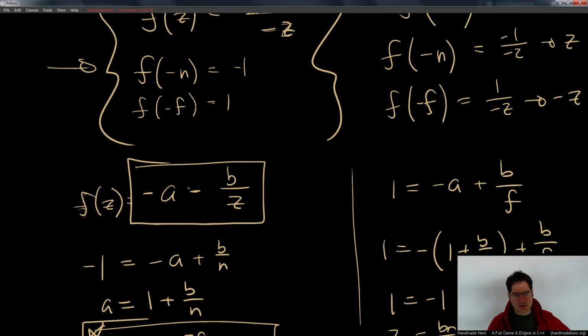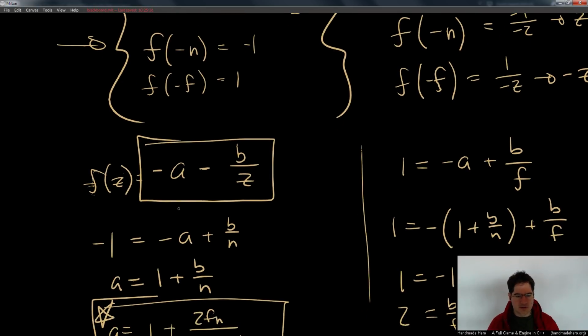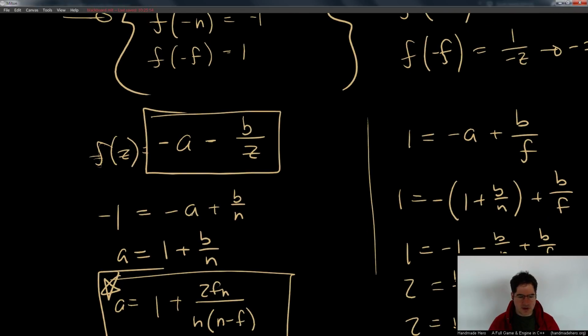So then we came down here to solve it. We said f of -n equals -1, and so the -1 is the result. That's what the function evaluates to. The -n is the parameter, which goes in the place of the z. We end up with -a, because that term is untouched. We end up with positive b over n, because the -n cancels the negative here. So then we solve for a.